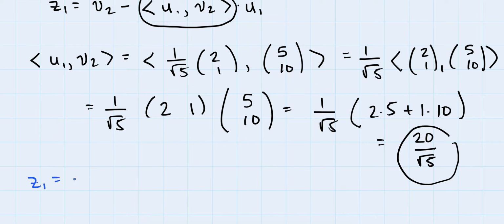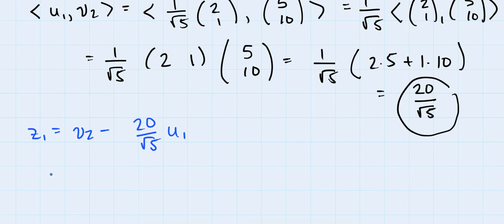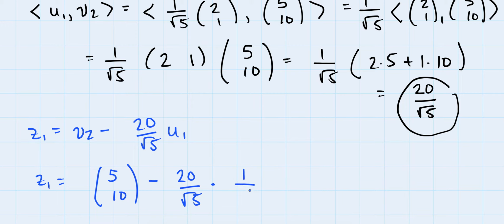Z1 is V2 minus 20 over the square root of 5 times U1. Well, V2 is (5, 10) minus 20 over square root 5 times U1, which we said is 1 over the square root of 5 times (2, 1). This should always happen, by the way. You should be able to get rid of this square root. So we can cancel this out and just make it 5.